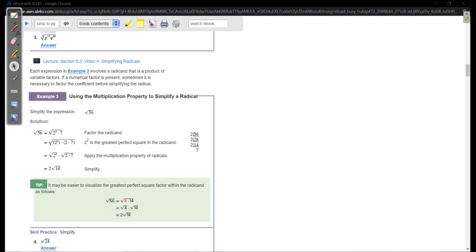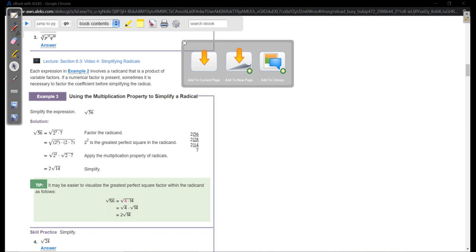Now we're going to deal with things that aren't necessarily variables, and this is where remembering your perfect squares and your perfect cubes comes into play. So, does the square root of 56 have a perfect square factor in it?